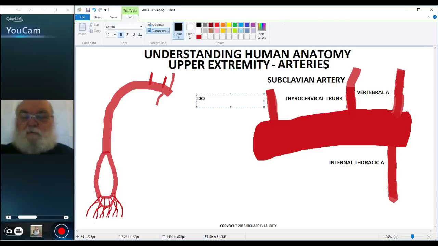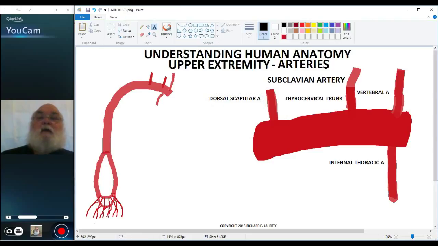The dorsal scapular artery. And this artery passes into the back region, and it runs along the medial border of the scapula. And as it does so, it will provide vascular supply to the supraspinatus and infraspinatus muscles.